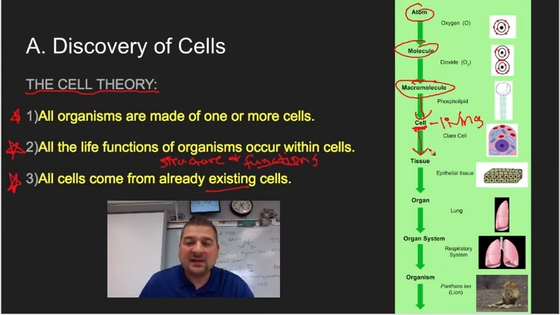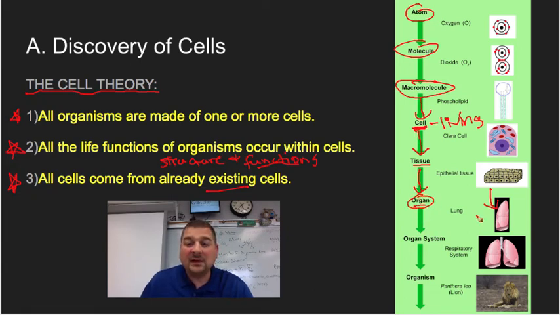Cells then are put together to form different tissues: epithelial tissue, or covering tissue, muscle tissue, nervous tissue, that have specific functions. You combine different tissues together, you'll get an organ. For example, here, epithelial tissue is put together with other kinds of tissue to make a lung.